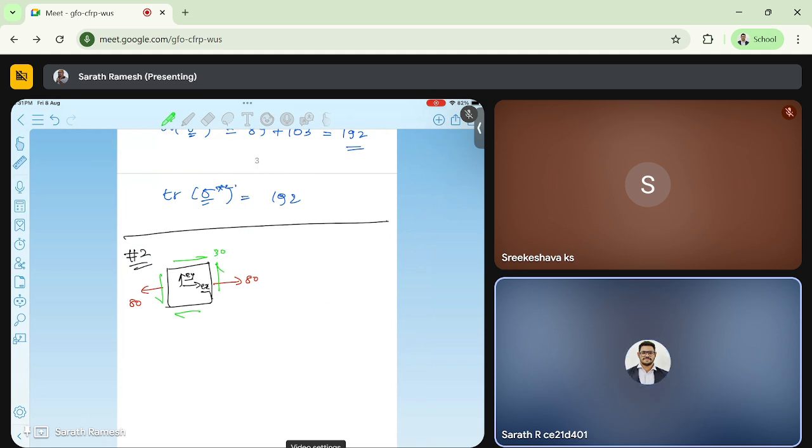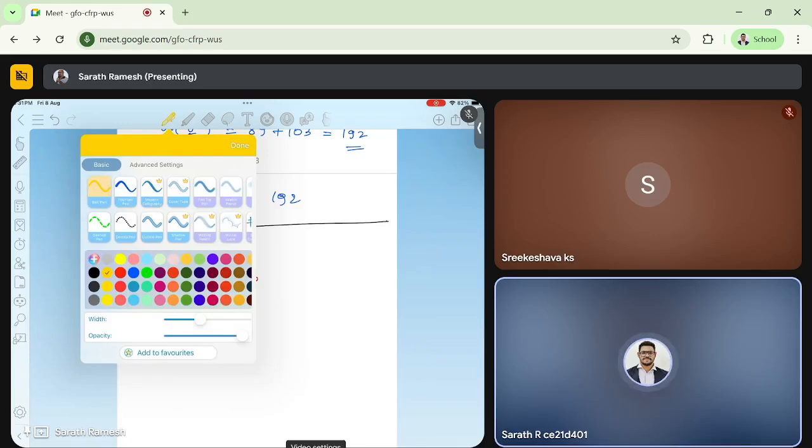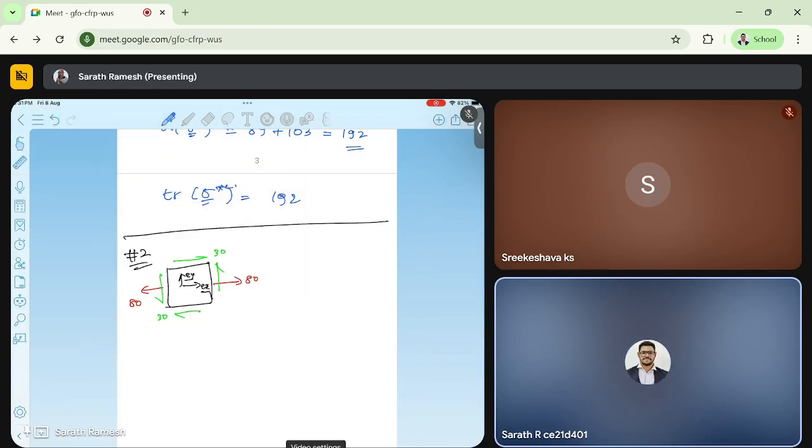They have given the new basis Ex star, Ey star, and Ez star.